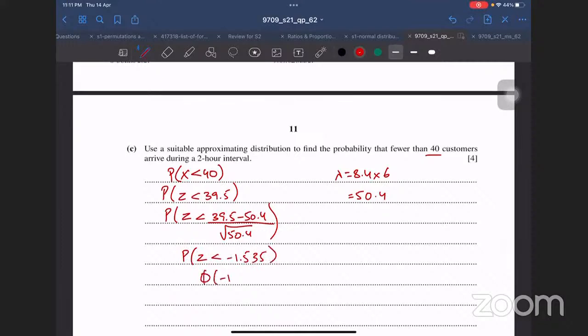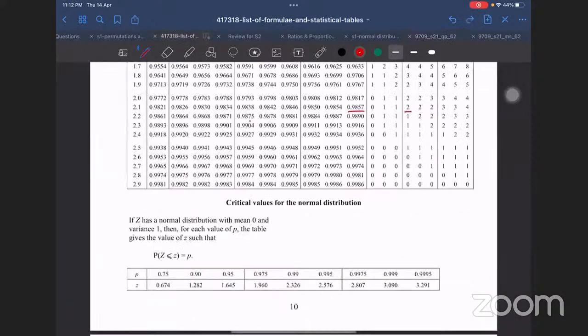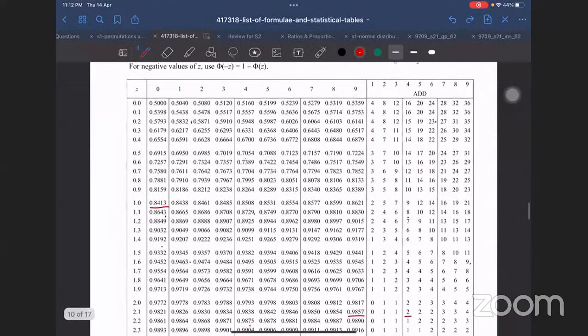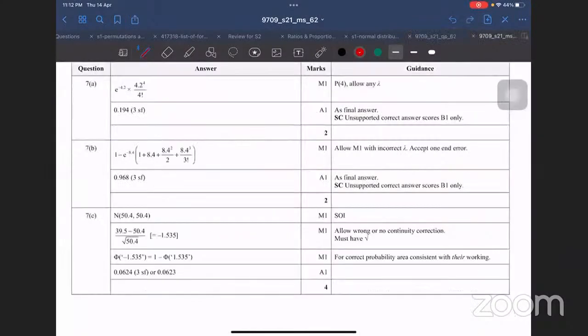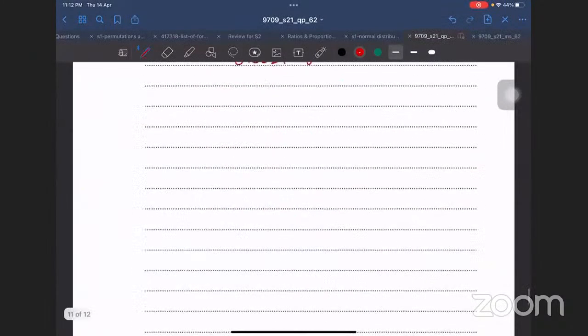So 1 minus the probability of 1.535, which is 0.9376. That's the correct answer. That's the end of the exam.